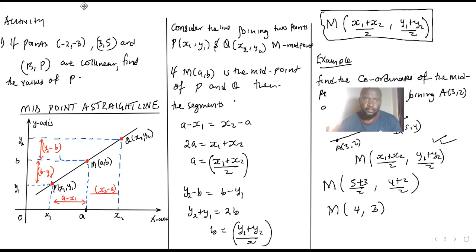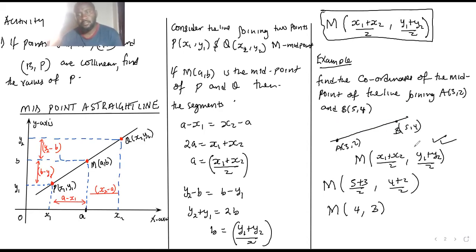Yes. Sir, so that activity of collinear, isn't P 9? P, no. P was 20 what? 21. What did we get? P is 21. The answer here is what? 21.